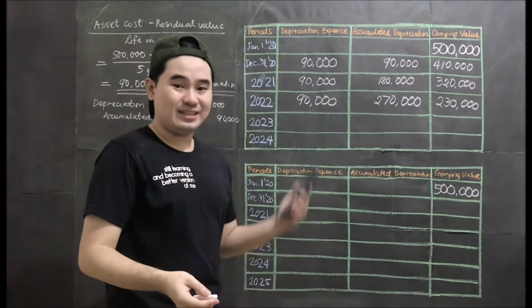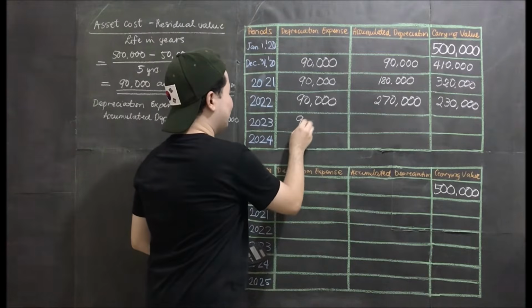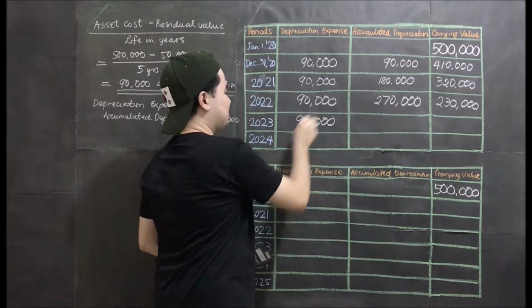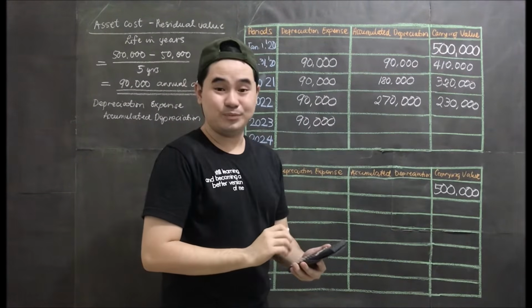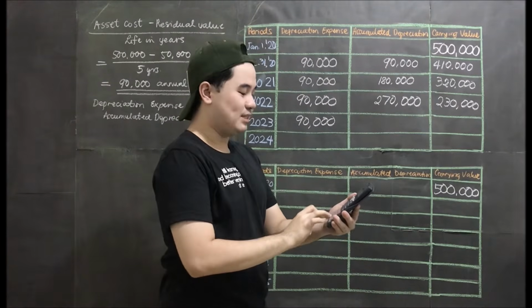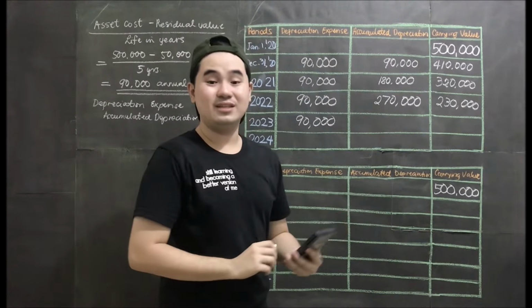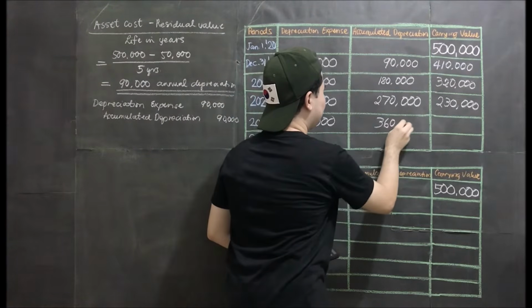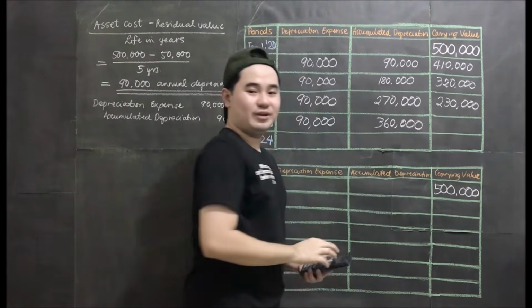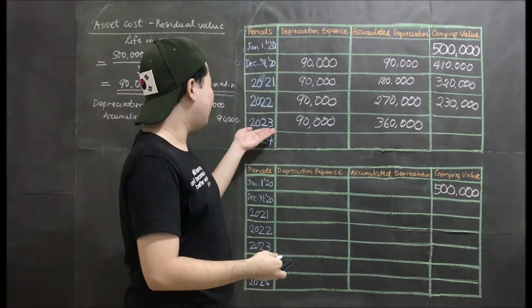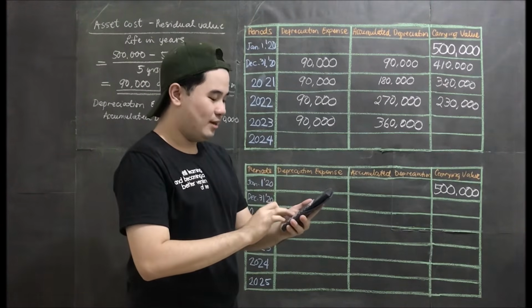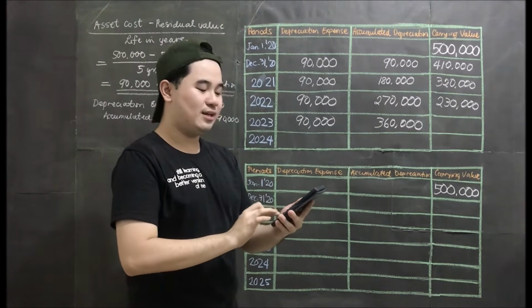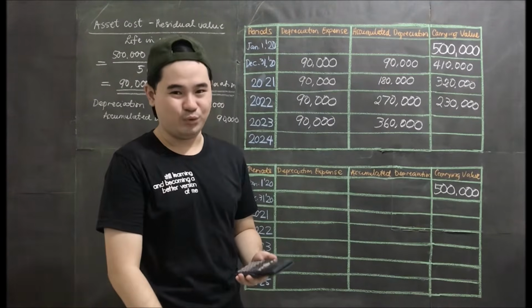Fourth year of the asset, it would still be 90,000. And then accumulated depreciation would be 270,000 plus 90,000 is 360,000. The carrying value of the asset on December 31, 2023 would be 500,000 minus 360,000 or 140,000.